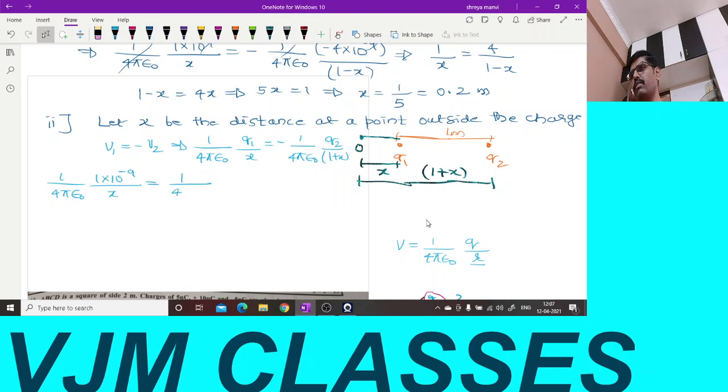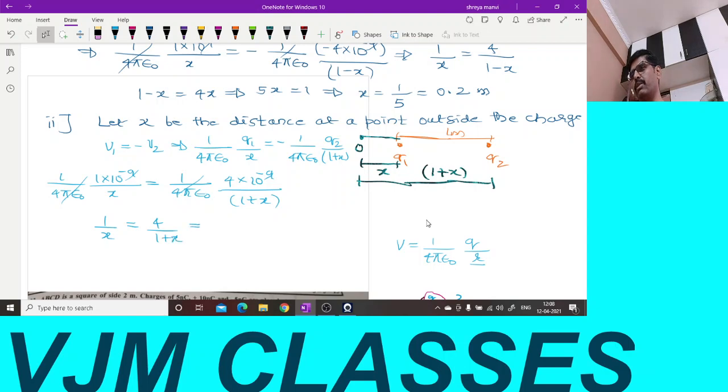Remember, 1 by 4 pi epsilon naught, Q2 is minus 4, already I have cancelled that minus sign, 4 into 10 power minus 9 divided by 1 plus x. Again cancel the terms which will get cancelled. So I am left with 1 by x is equal to 4 divided by 1 plus x.